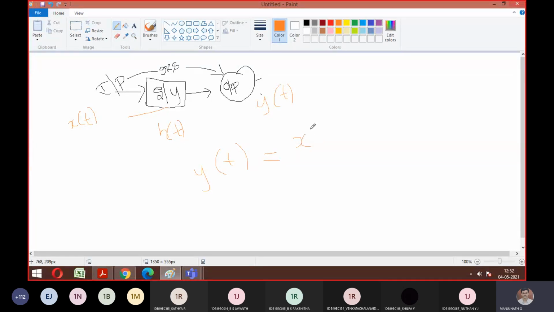Convolution means mixing of signal. So input signal is going to a system. So each system has its own response that together will give you what is the output. So this is what a generalized waveform representation or equation based output is equals to convolution of your input and response. Is it okay till here?